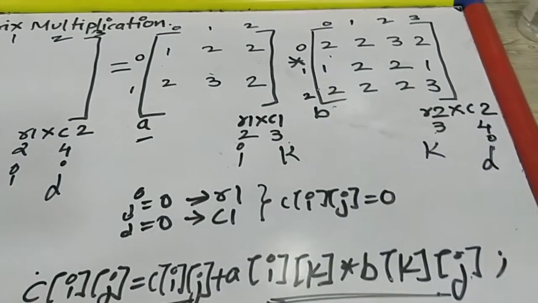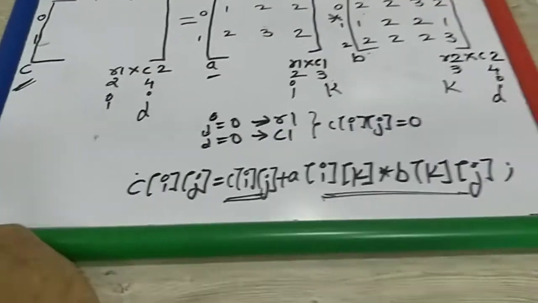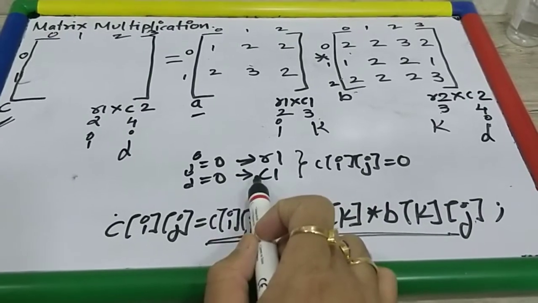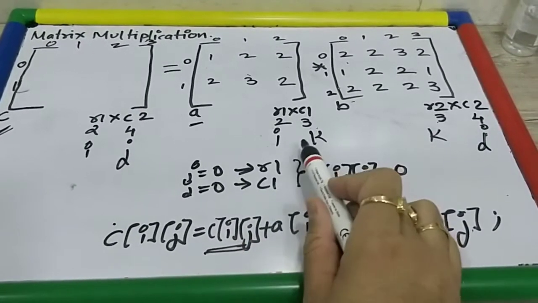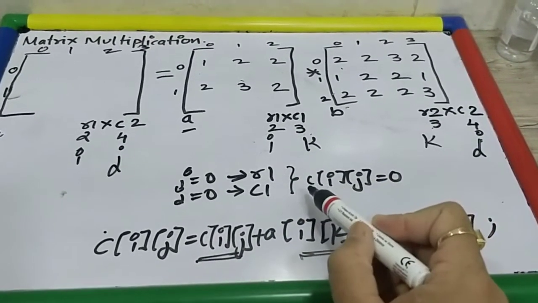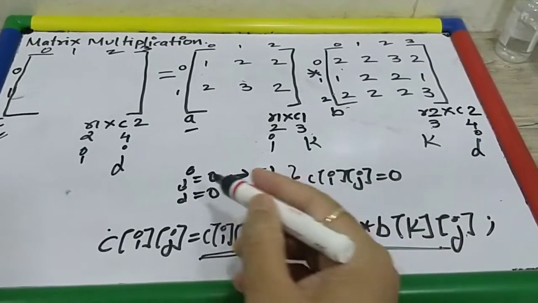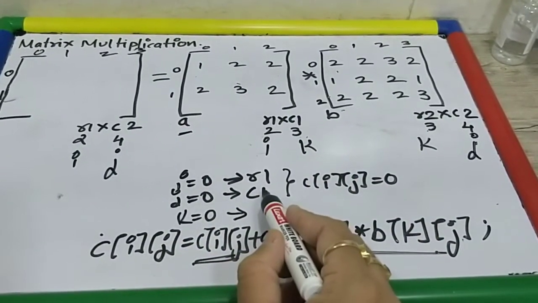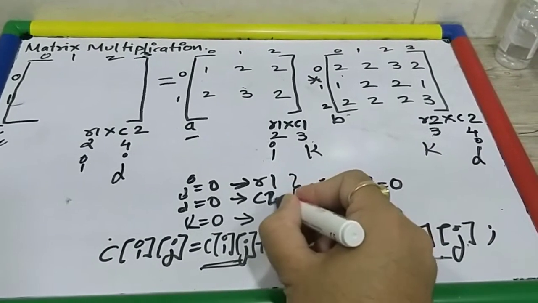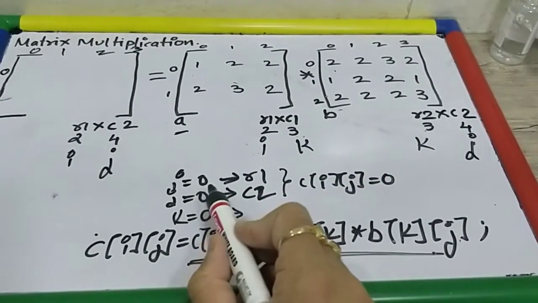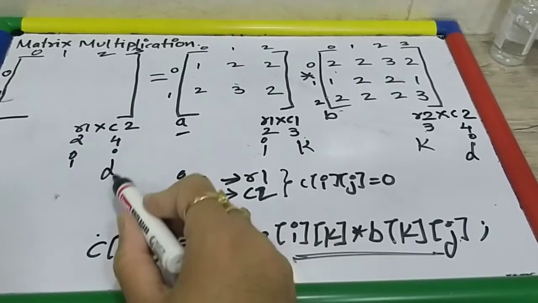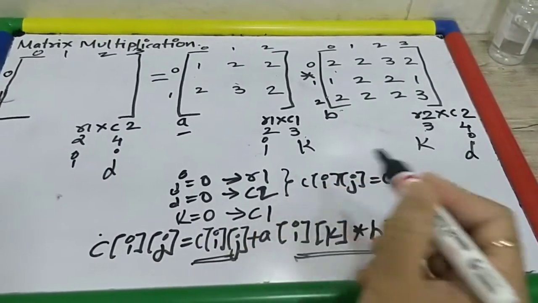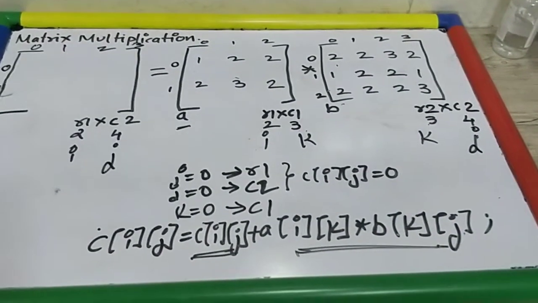Like we have discussed, the default initialization is with garbage value. So I goes from 0 to R1, J goes from 0 to, sorry, C2, and K goes from 0 to C1 or R2, you may write either.